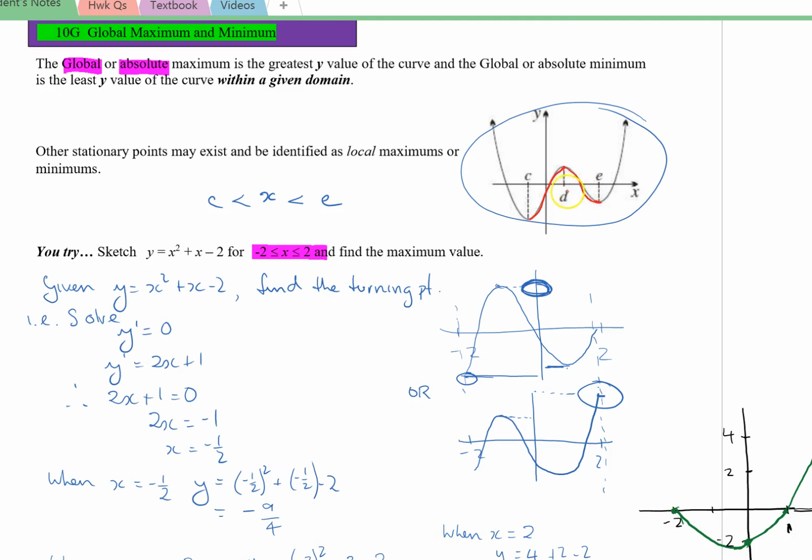Now you can see that there is a minimum value occurring here and another minimum there. I guess the fact that we would probably identify this as a minimum, as a turning point, would have helped us in this case, and we would probably just compare the two minimums and realise that the actual global or absolute minimum in this range, C to E, would occur here at C.